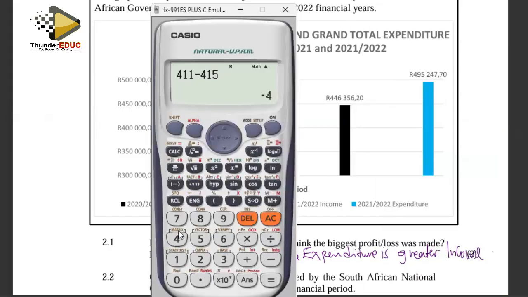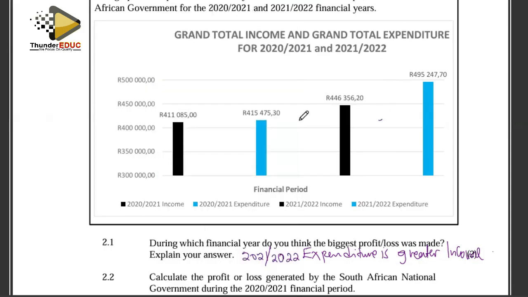Whereas when you come to this, it's 446 minus 495, and you have a negative, you have a 49. Look at that. So the biggest difference is in this year here. Okay, let's continue and we see.